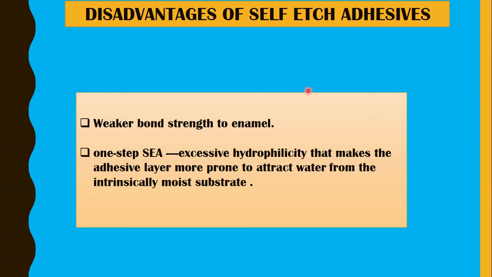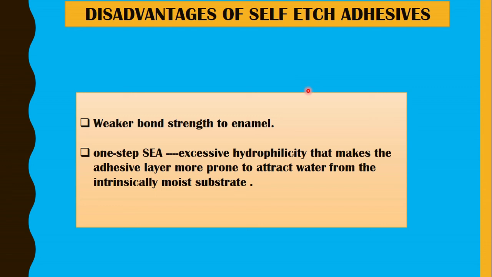But the major disadvantage of the self-etch adhesive is that they are not kind to enamel. That is, we have a weaker bond strength to enamel, because they are not able to completely demineralize the enamel.